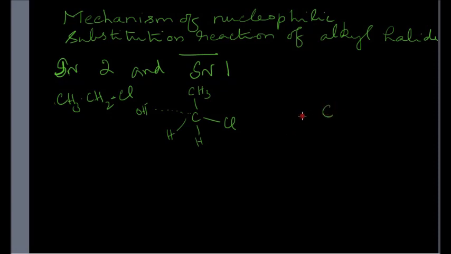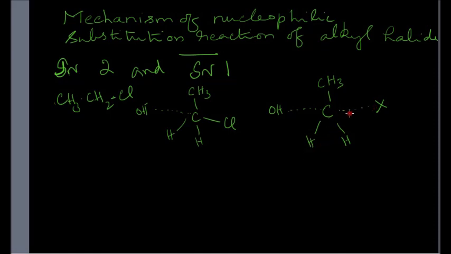The transition state is one in which a bond between the nucleophile, that is OH here, and the carbon is formed, and the bond between carbon and the halogen is weakened. The bond between the nucleophile and the carbon is formed or tending to be formed, and the bond between the carbon and the halogen is weakened or tending to be broken.